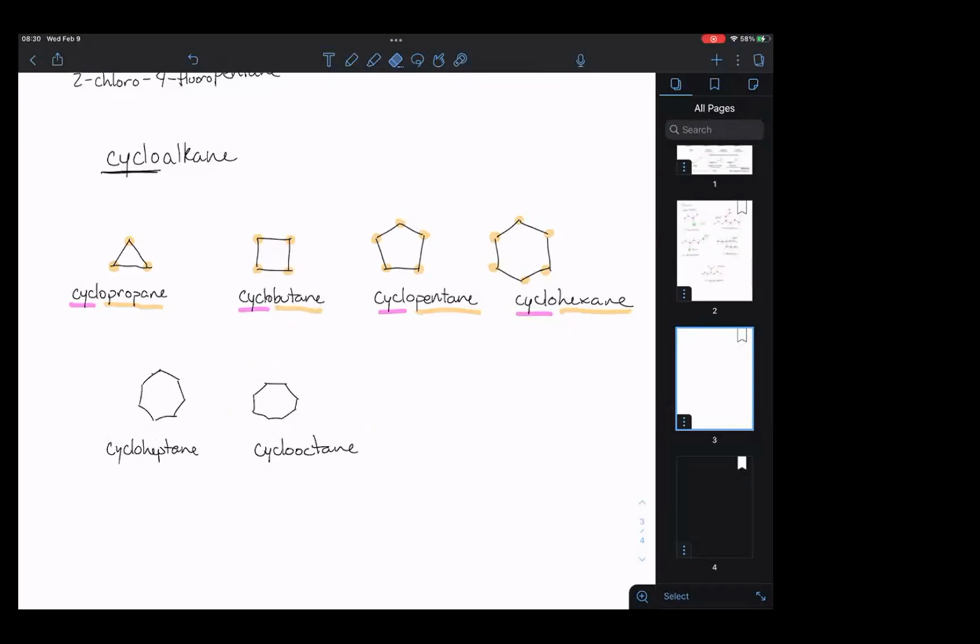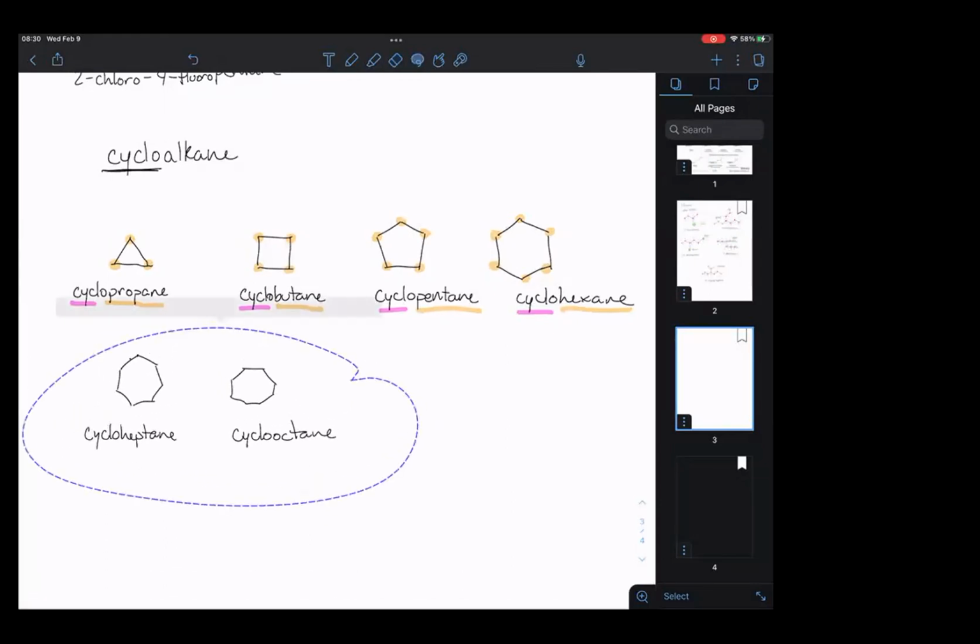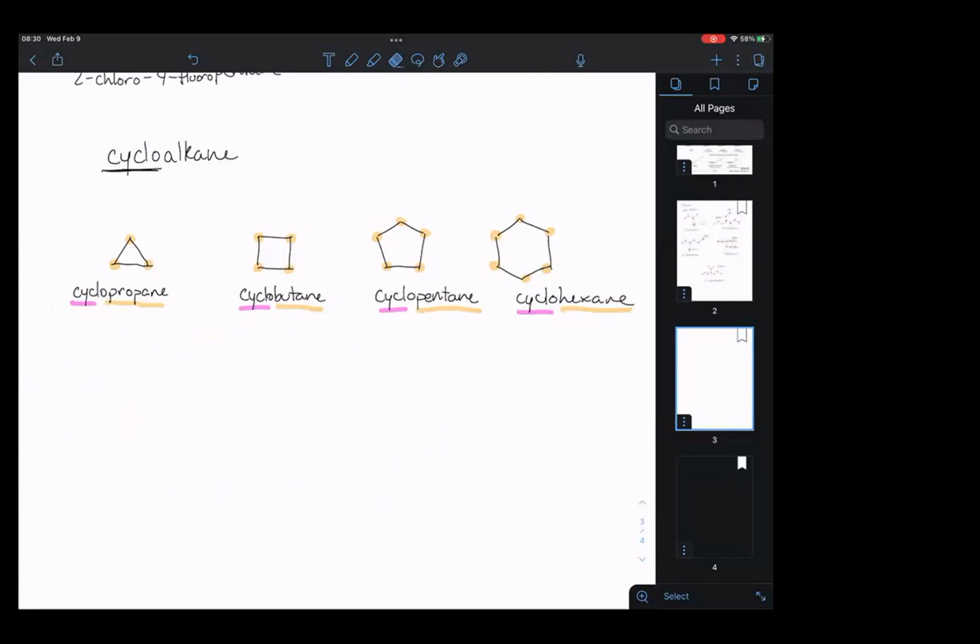When we have a cycloalkane with just one substituent on there, we'll bypass these bigger ones for right now. Again, the most popular one, the one that we're going to spend a lot of time talking about, I kind of teased why that is at the end of last class, is cyclohexane.